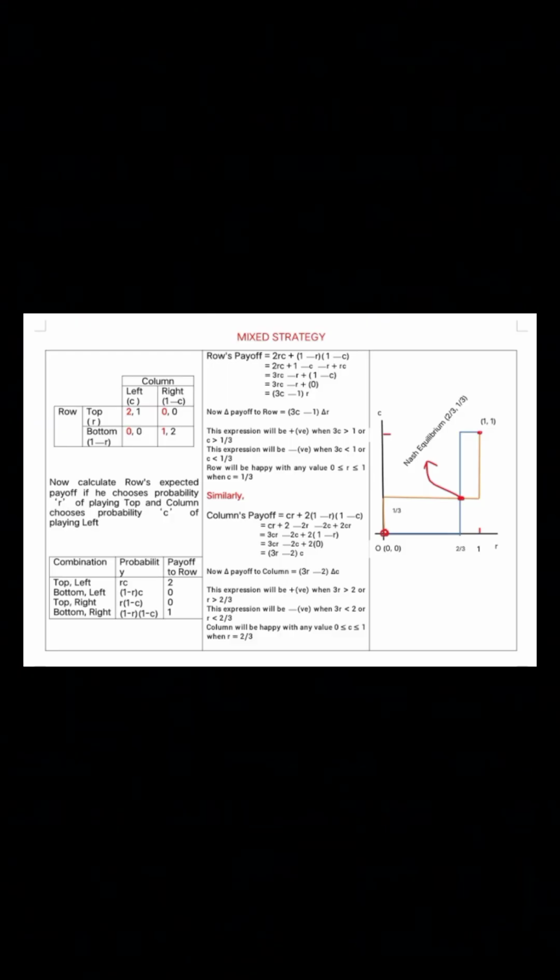So when R is greater than 2 by 3, this expression will be positive. Again, when R is less than 2 by 3, this expression will be negative. And when R is equal to 2 by 3, then column will be happy with any value of C which lies in between 0 to 1. So this is column's payoff.